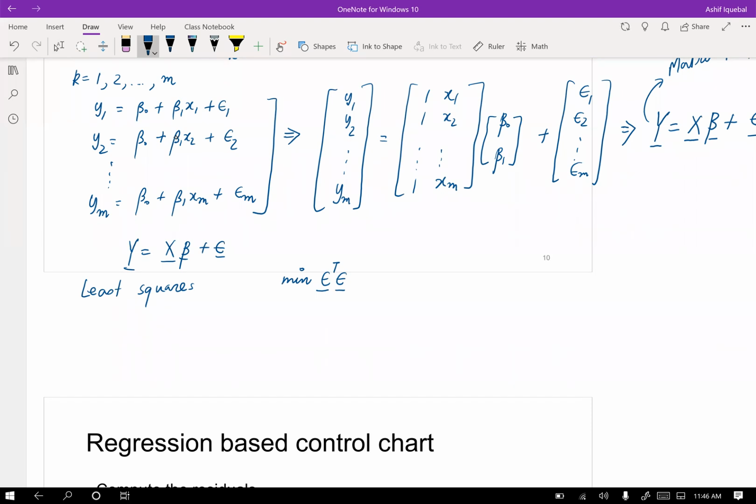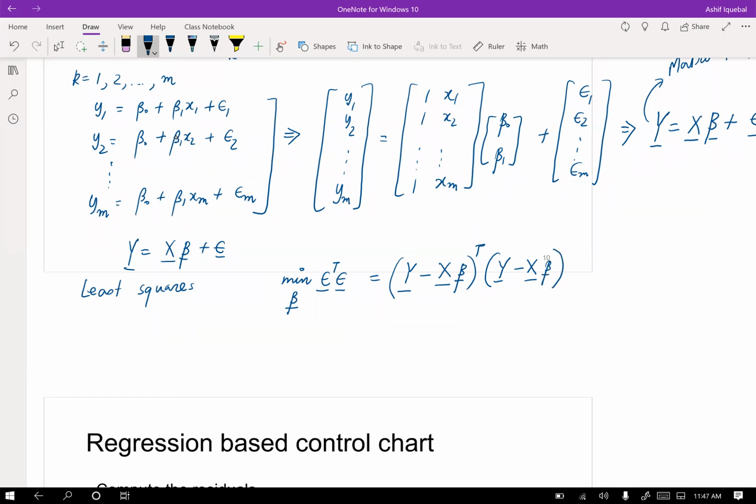You want to find the value of beta under bar that minimizes epsilon transpose times epsilon. What is epsilon transpose epsilon? This is nothing but y under bar minus x under bar beta under bar, transposed, multiplied by y under bar minus x under bar beta under bar.